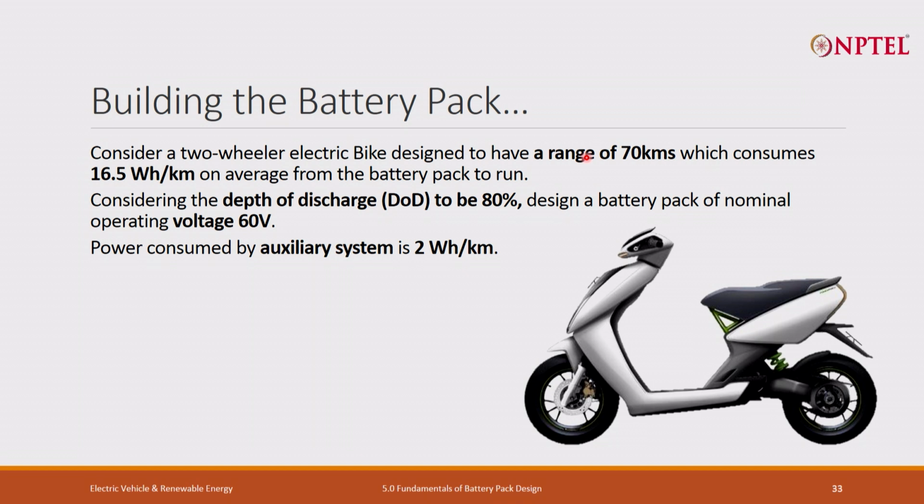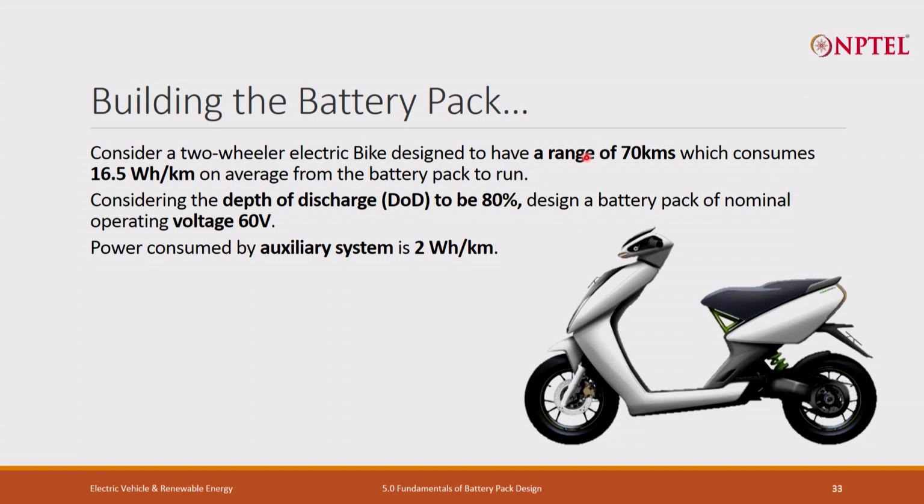Now, the second para of the question says the depth of discharge should be only 80%, not more than 80%. Then my initial pack capacity has to be increased so that whatever energy I require for 70 kilometers is available. That means even if the battery pack capacity is large, but my depth of discharge is low, I may not have available energy to run the vehicle.